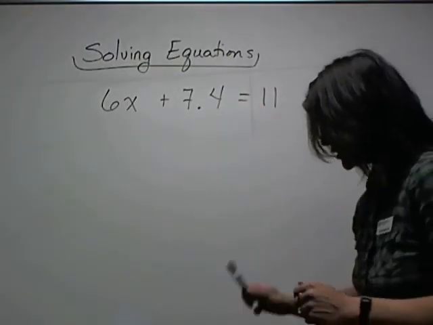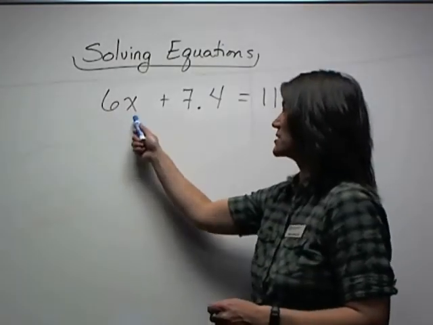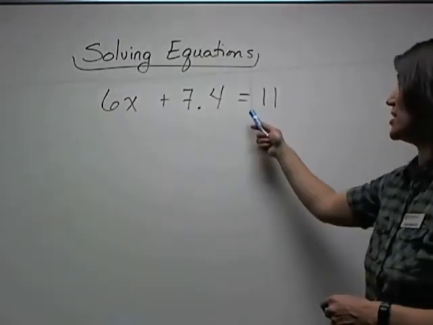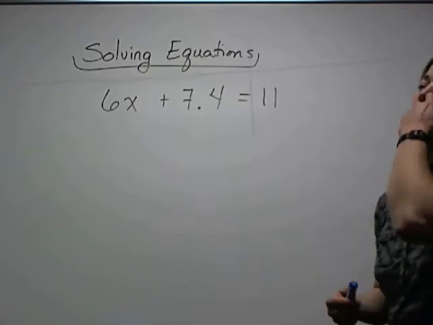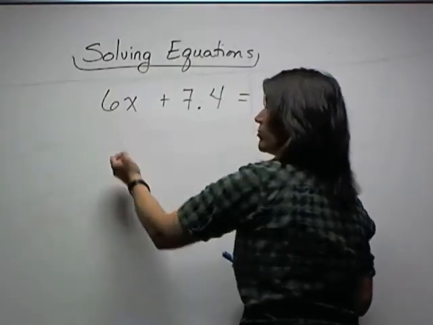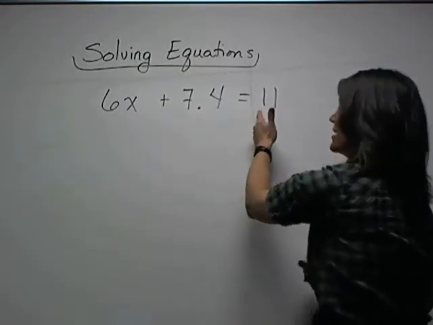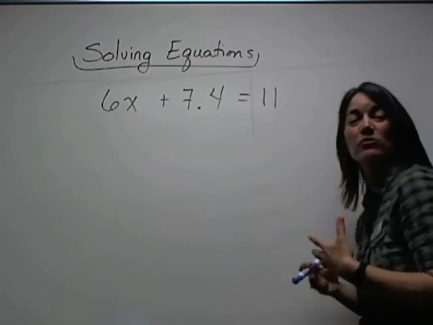So in this problem, we still just have our two-step. We have 6 times x plus the 7.4 is equal to 11. So the first thing we have to do is get the term that has my variable all by itself. So the term here, the constant, there's another constant over here. We have to get those together.